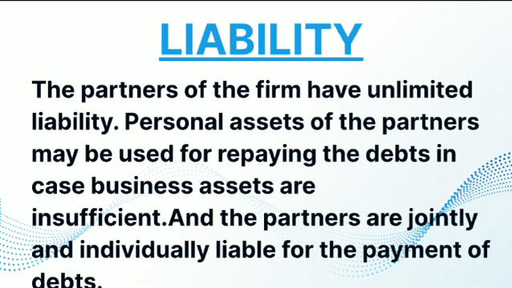Partners have unlimited liability because each partner's personal property is attached to the business for the payment of debt. Everybody is liable to pay the debt, jointly altogether or separately.